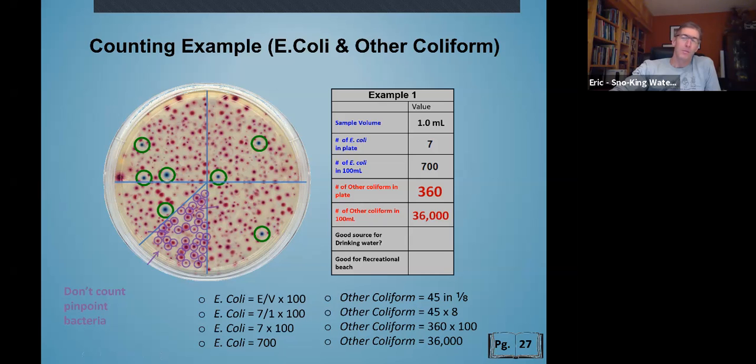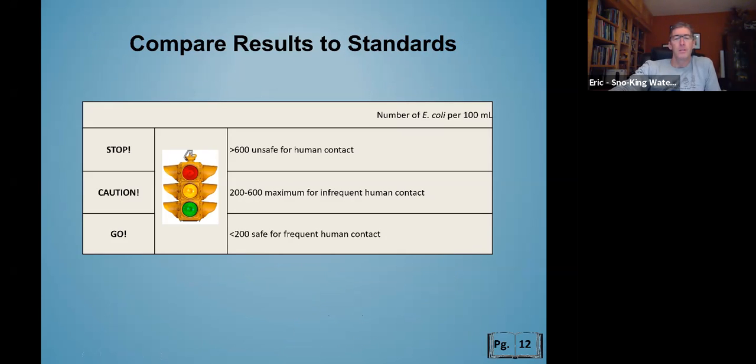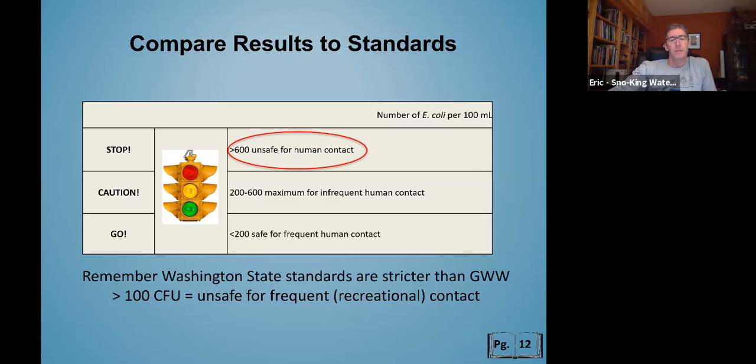Yeah, so our cutoff would be 100. And really, even 100, I don't know if you'd want to drink it, nor would you want to swim in it. So here's the standards for Global Water Watch. Washington state standards are even stricter still.